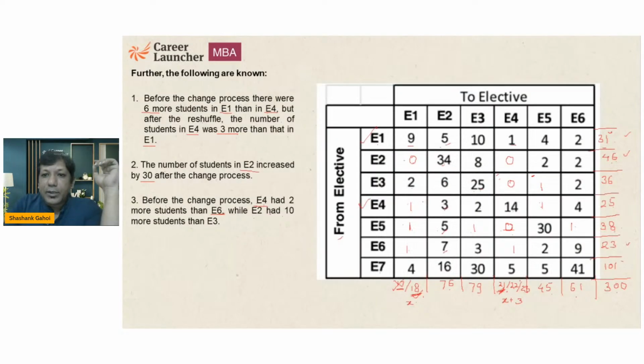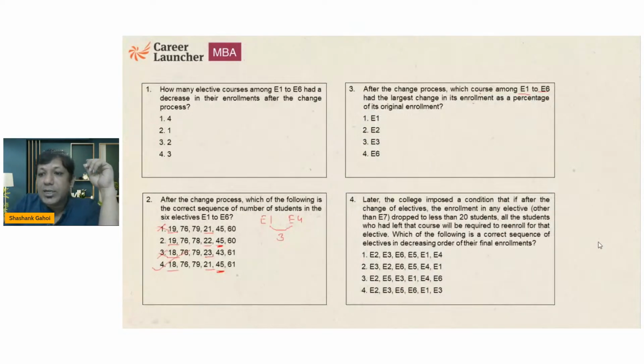So E1 is going from 31 to 18, so it is close to 40% decrement. 46 to 76, that is 50-60% increment. 36 to 79, that is, I would say, 110-115% increment. 25 to 21 is a 10-20% decrement. 38 to 45, not significant. 23 to 61 is more than 110% increment. So which elective is going to have the largest percentage change? That is going to be E6. That's going to be option 4.